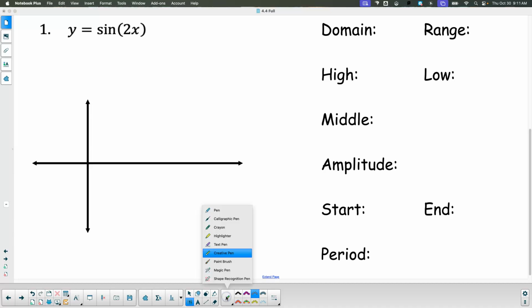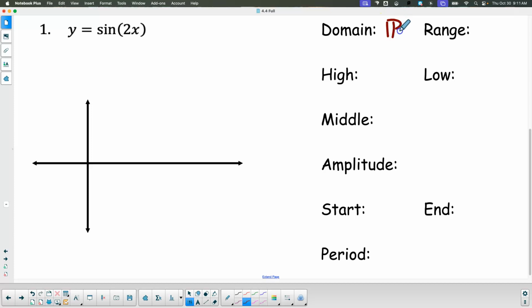Correct. Tell me something else that you know. The amplitude is 1, because that's the coefficient out in front. So that's this one right here. So my amplitude is 1. Yes. What else?